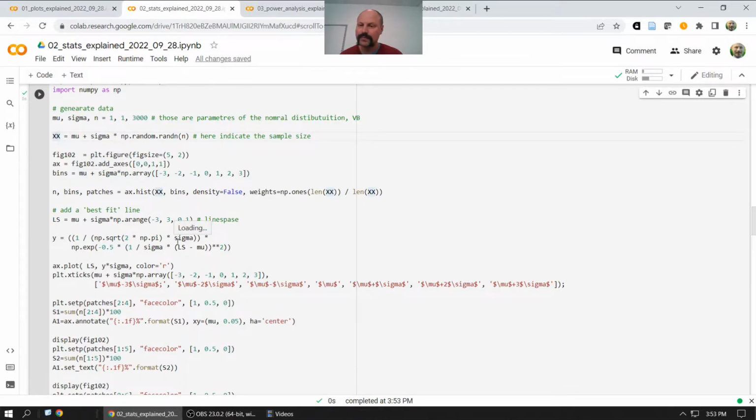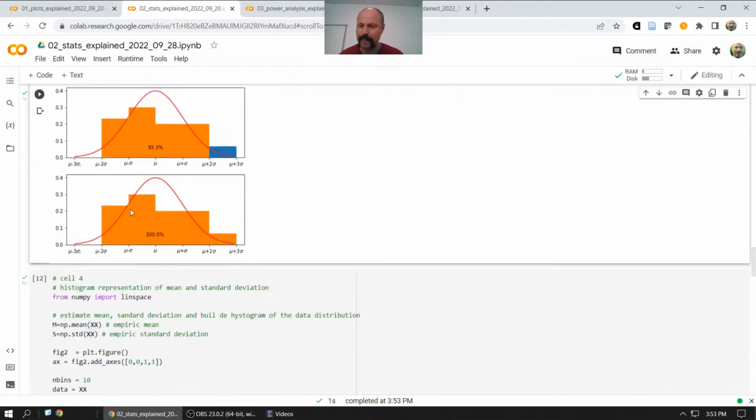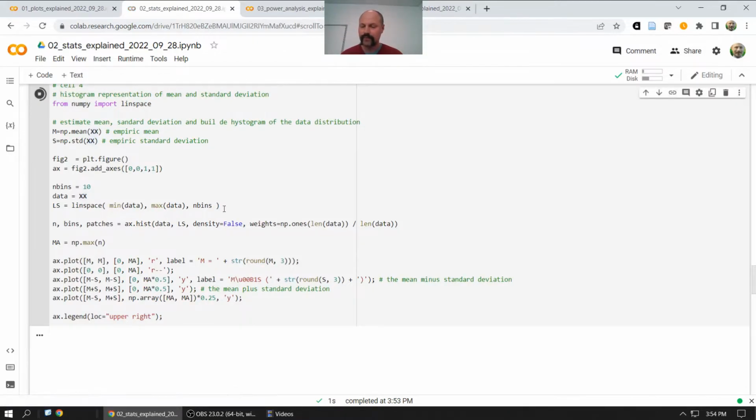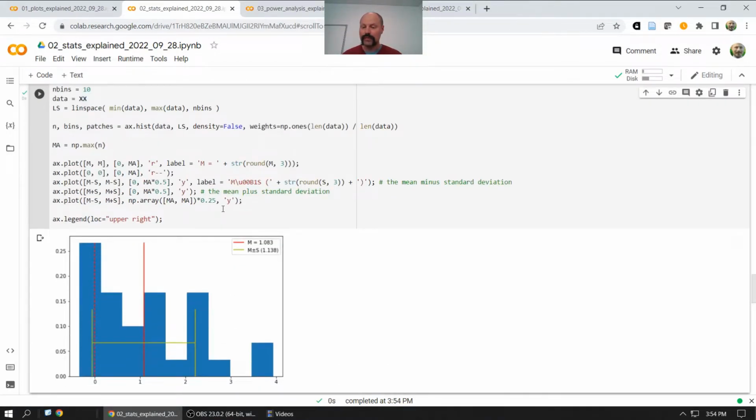Now, I think for our purposes, it is better to have a smaller sample because we will try to see if there is an impact of the size of the sample on the order of the magnitude of the mean and the standard deviation.